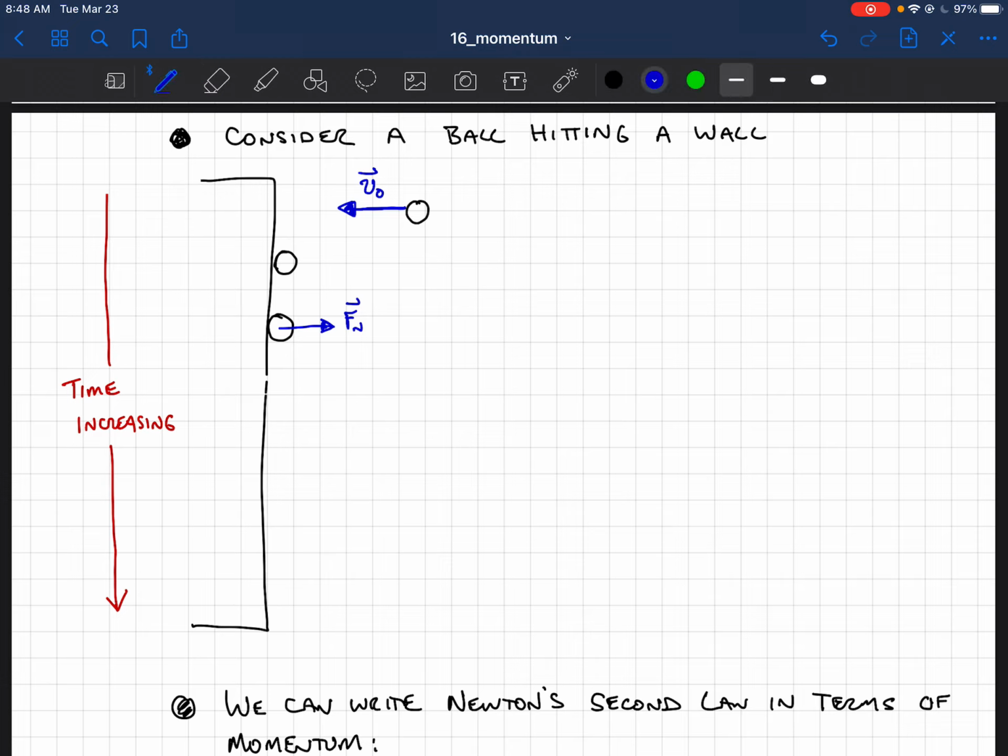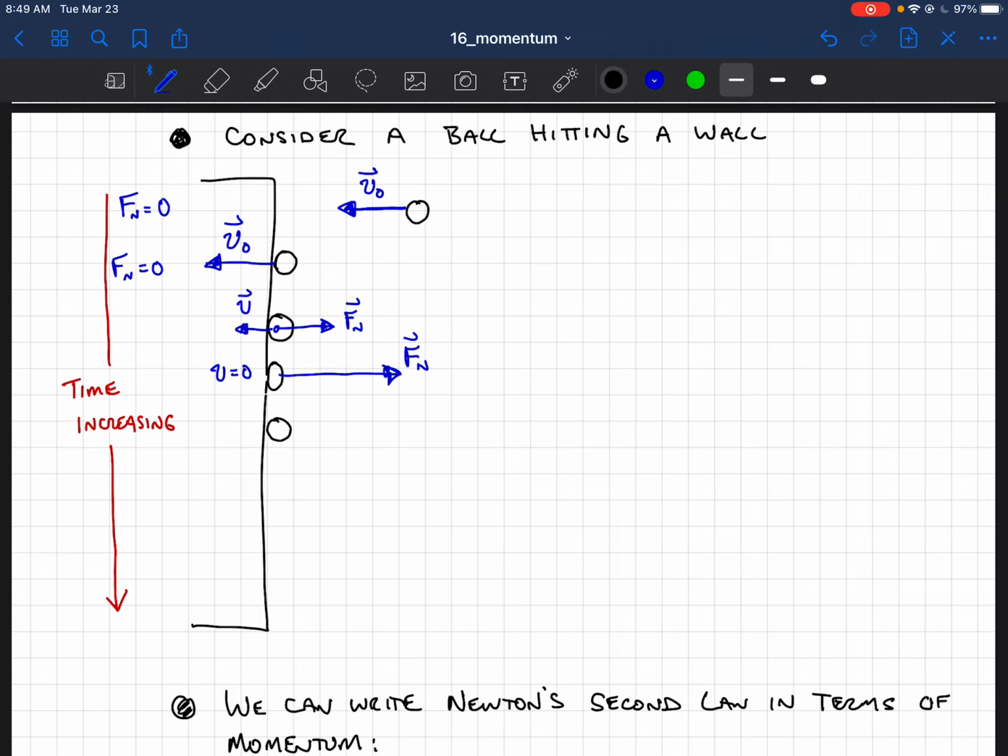At this moment Fn is equal to 0, and at this moment Fn is equal to 0 still, and because Fn is still equal to 0, it still has its initial velocity right before it hits the wall. But once Fn starts being applied, then the initial velocity will be reduced because we're slowing the ball down. And then maybe the ball will get deformed a little bit, and maybe at this moment velocity is equal to 0. And maybe that's also the moment at which it has the largest normal force on it.